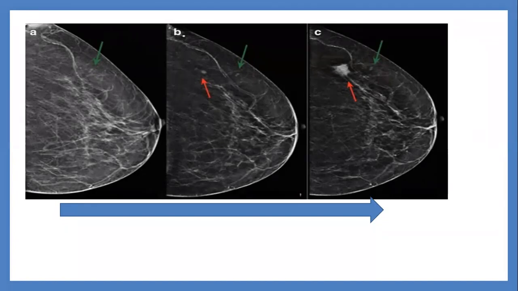Okay, and yes, so you are going to describe the first one. The green arrow pointed to a small opacity, more or less stable on the three mammograms. It doesn't show remarkable change in size or characters.